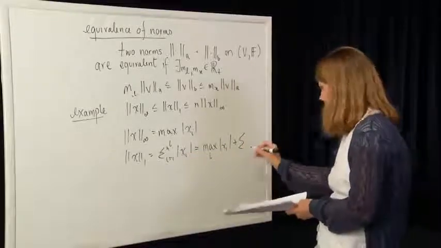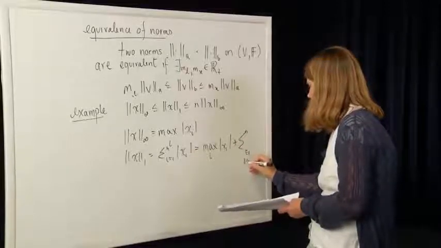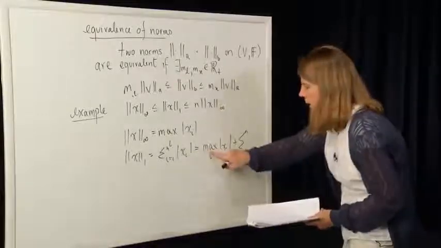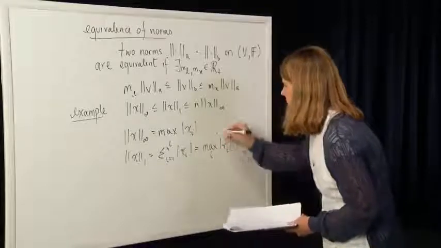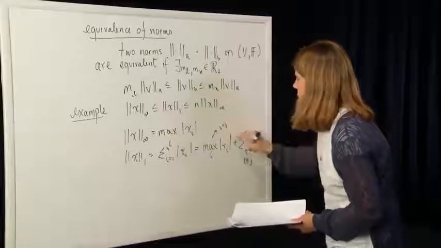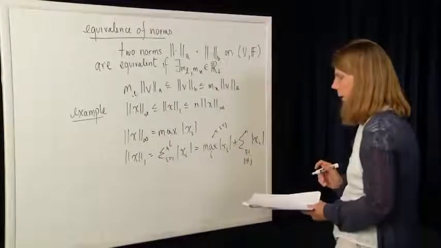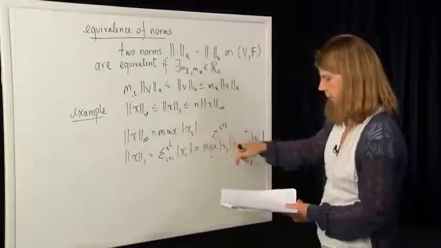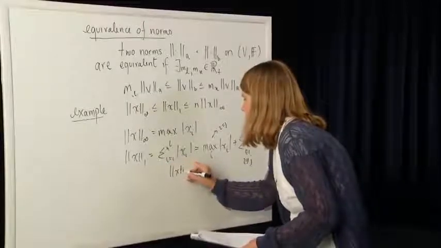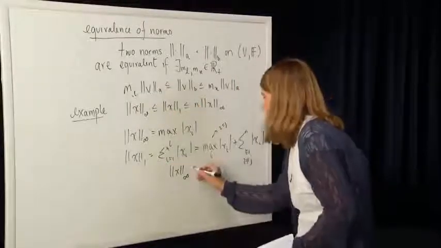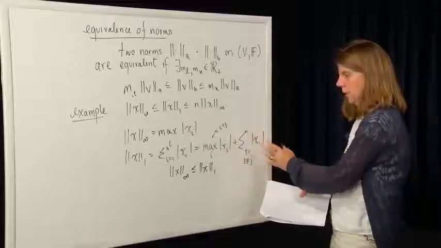So the summation from i equals 1 to n, but let's take away the jth element. Let's suppose that the maximum occurs at the jth element, so max over i of |x_i| happens at i equals j. I've pulled that one out, and then I've put everything else in this summation here. Then we can quickly see that this relationship holds. Therefore, the infinity norm of x has to be less than or equal to the 1 norm, just because we've got all this extra positive stuff here.